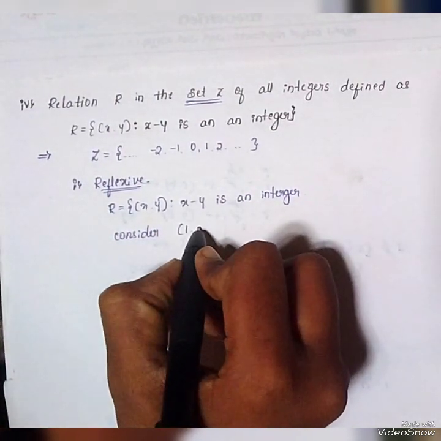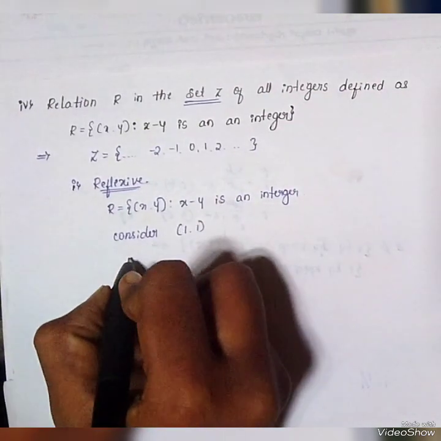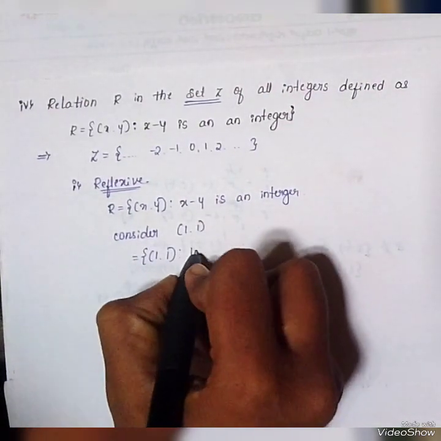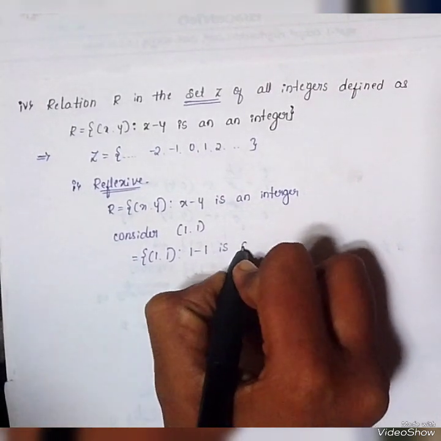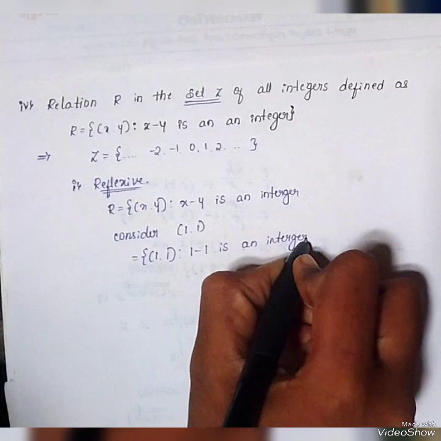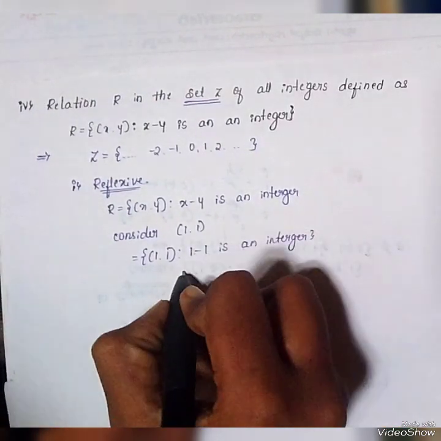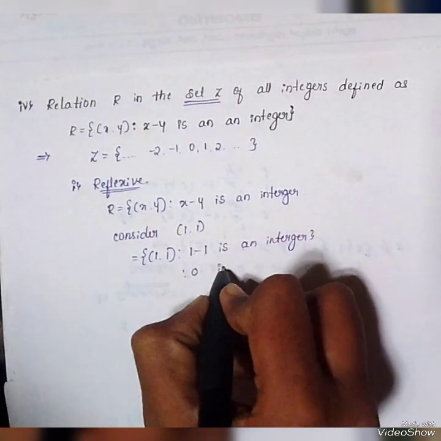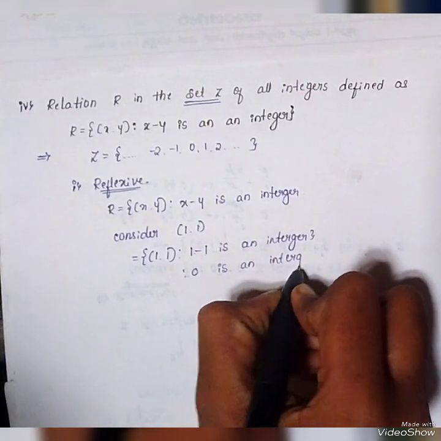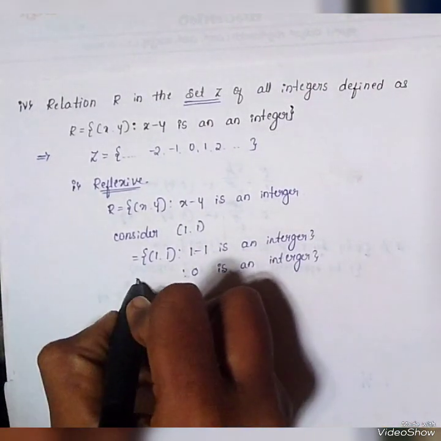So for 1 comma 1, 1 minus 1 is 0, and 0 is also an integer.